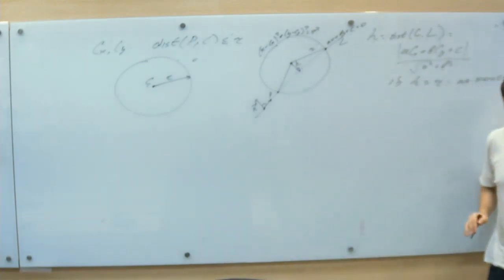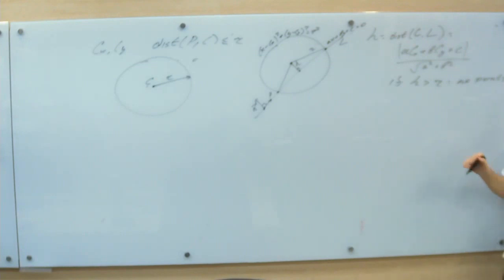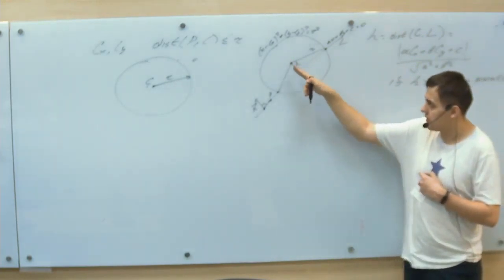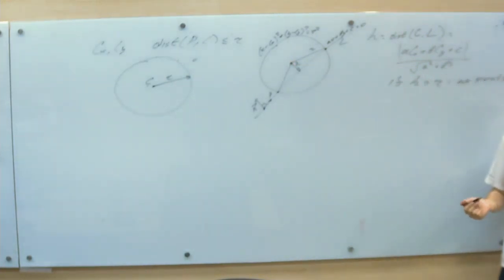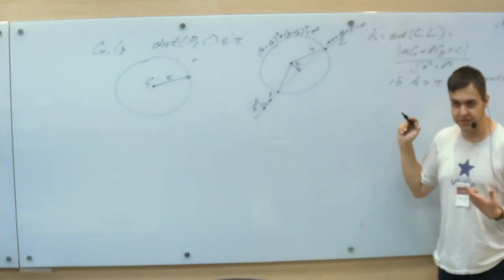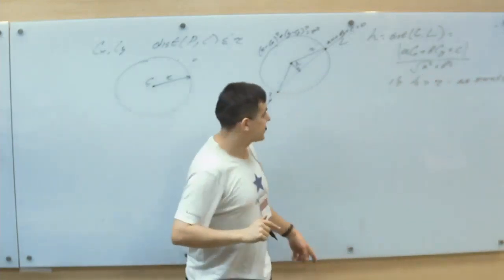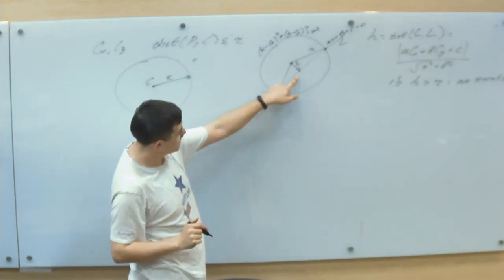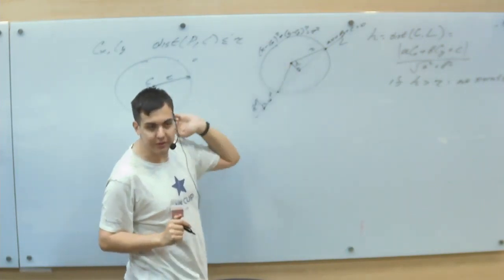So if we have a line and a point, we can find the distance between this point and this line, and we can also find the projection itself. So to find the projection itself, we have to subtract the distance that we found times the normal vector.